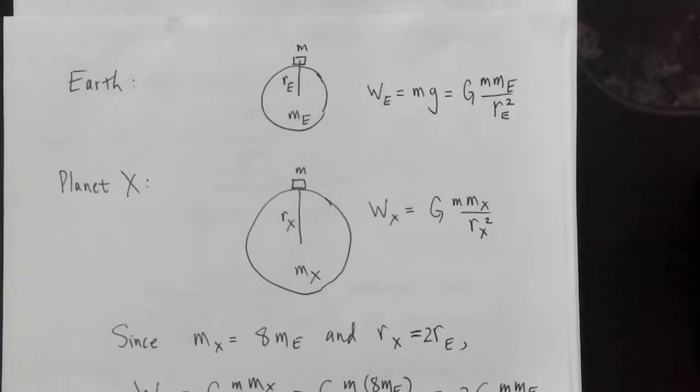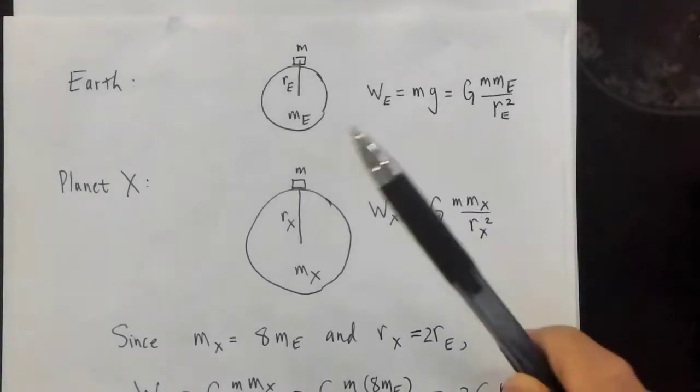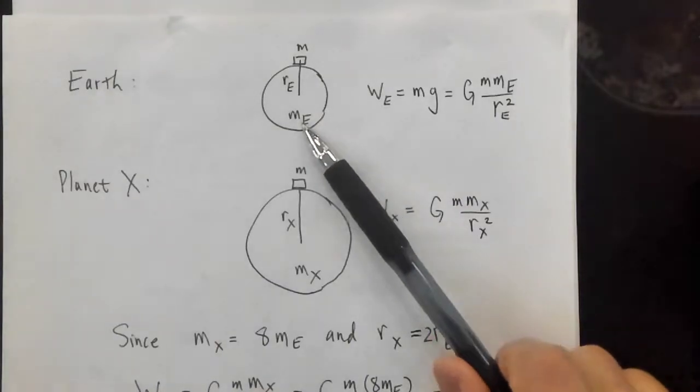Because I find that very often, students try to use the same symbols for both of them, and they get completely confused because you get equations like r is equal to 2r, and then you're supposed to try to figure out what that's supposed to mean. So if you have one case and the other case, make sure you label them so that they're actually different. So here's Earth. I put E's for the Earth.